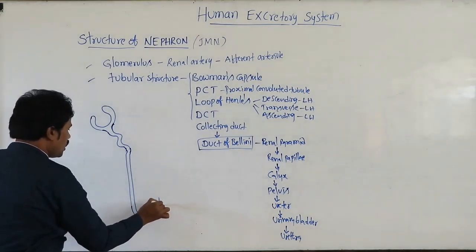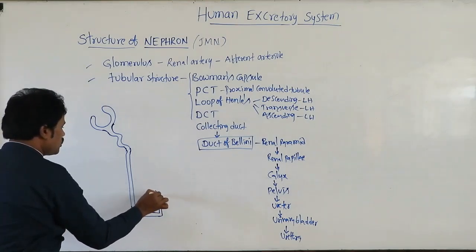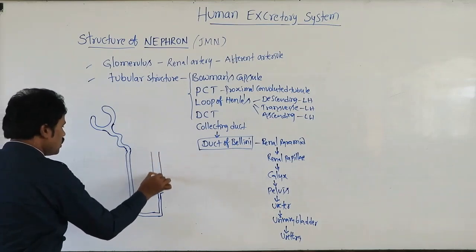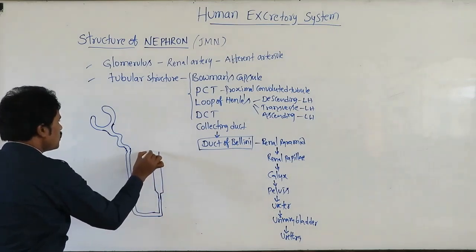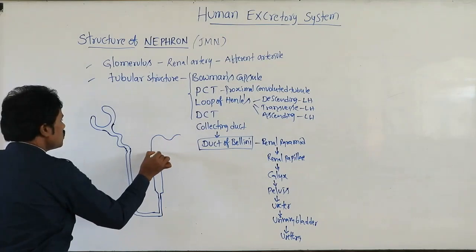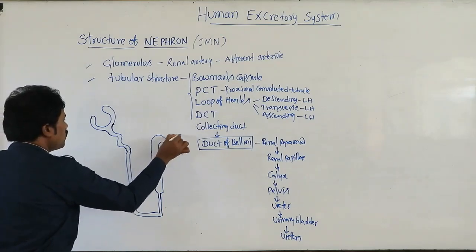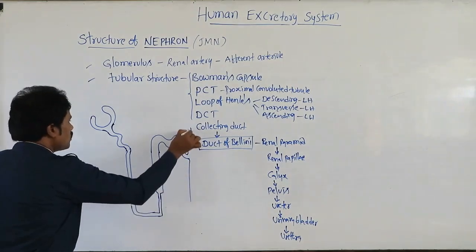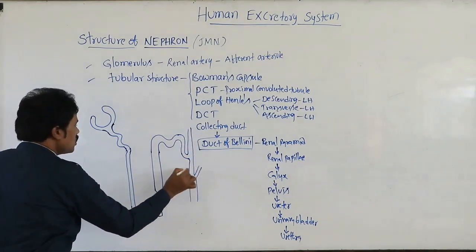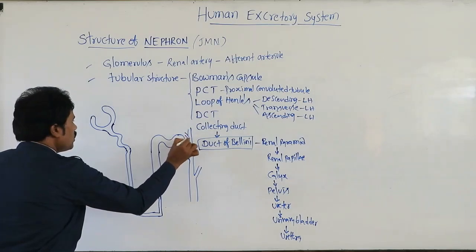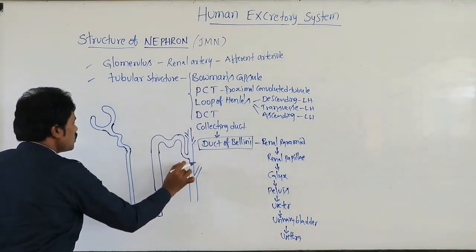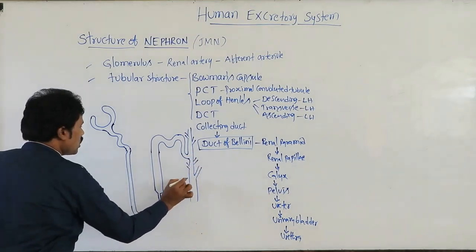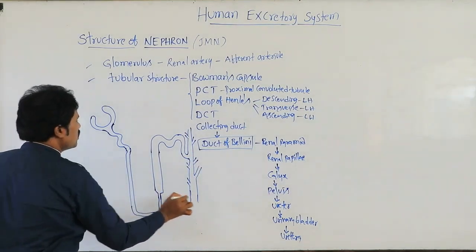In the ascending, one is thin and another is thick, and the thin ascending loop of Henle. Then this is the distal convoluted tubule. This opens into the collecting duct. Not only one, many nephrons collect into this collecting duct.